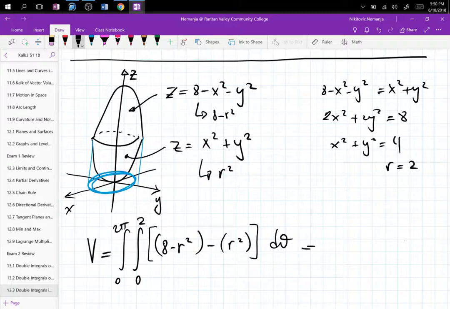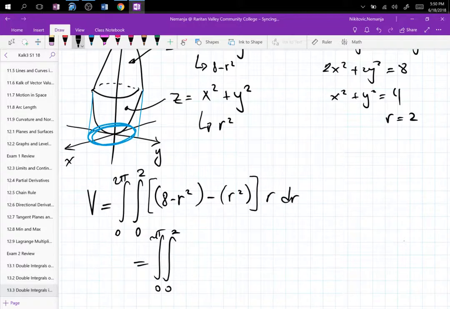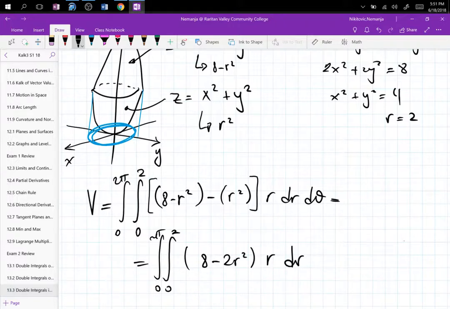So now if you work this out. Why no r dr? Where did it go? Story of my life. So now it becomes 8 minus 2r squared, r d theta.